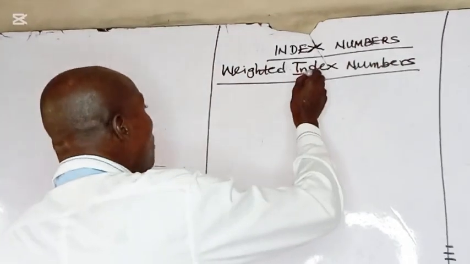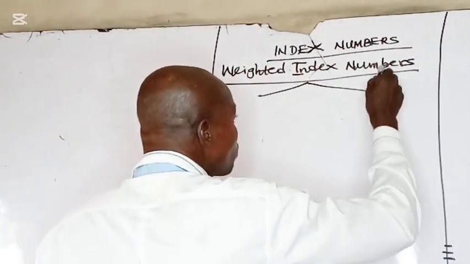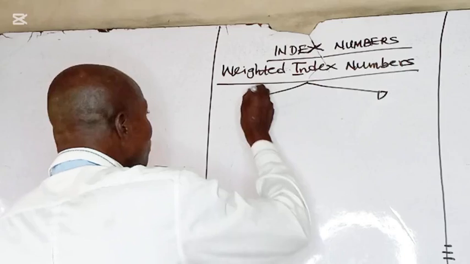This weighted index number will be divided into two. We have weighted aggregative index.